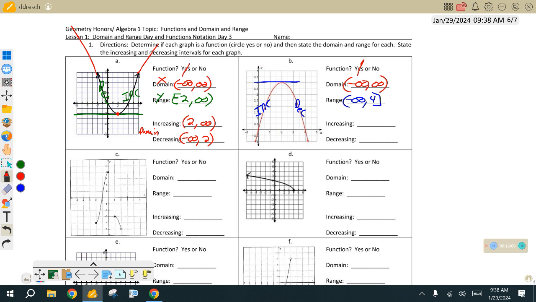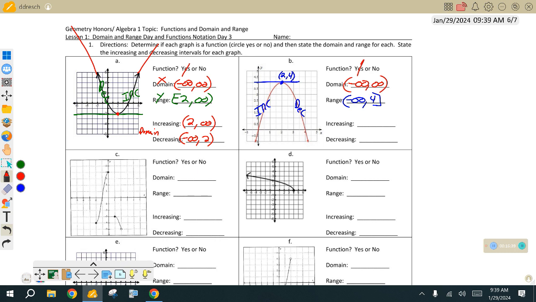What is that point where they flip? 2, 4. And the reason why I really want that point is because it's the x value that does it, not the 4. What is the 4? The 4 is the y value, isn't it? It's always the x because the increasing and decreasing intervals come from the domain. 4 is not in the domain. 2 is in the domain.